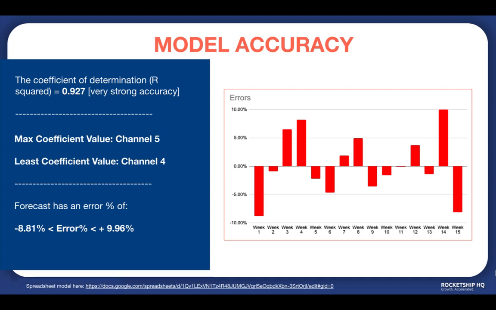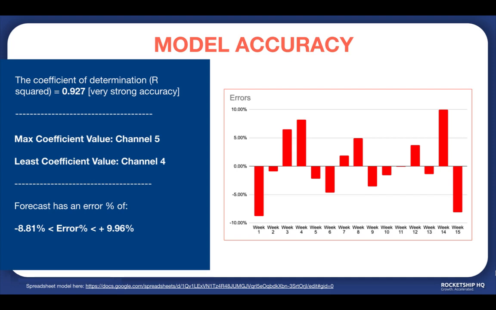However, before taking any action, we also want to understand if the model is even accurate. So to do that, we see the R square value, which tells us if the model is strong or not. Here we see that the R square value is 0.92, which states that the model is able to explain movements of a dependent variable, that is purchases, by movements in the independent variables, that is spend across channels.